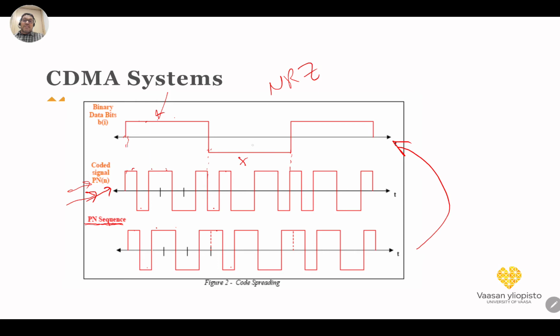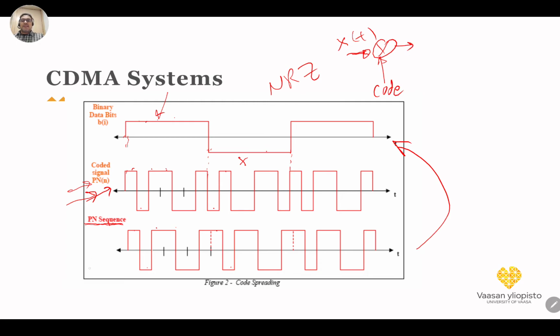The other part of the signal, which is minus 1, here the code is the reverse of the original code. So when you multiply them, they will generate minus 1. Very simply, in the transmitter case, or the modulation case, if we have this information signal x of t, we multiply it by the code.